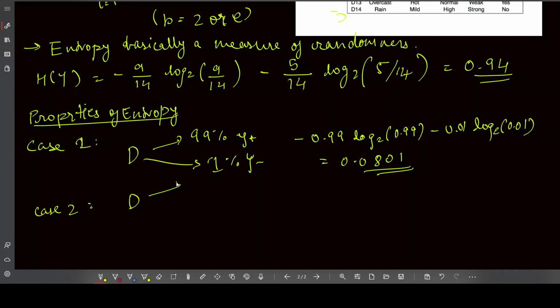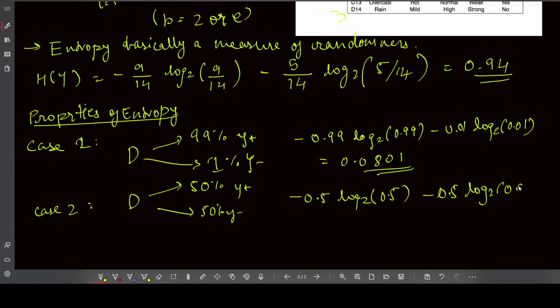If I have a data set with an equal number of data points, 50% positive and 50% negative, my entropy comes out to be minus 0.5 log to the base 2 of 0.5, minus 0.5 log to the base 2 of 0.5. In this case, my entropy comes out to be 1. This is where I have maximum entropy. If my data set is perfectly balanced, I'll have maximum entropy.